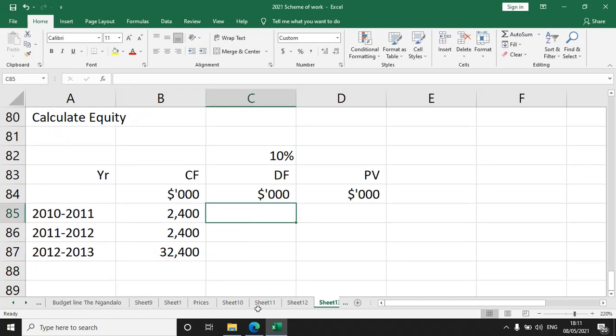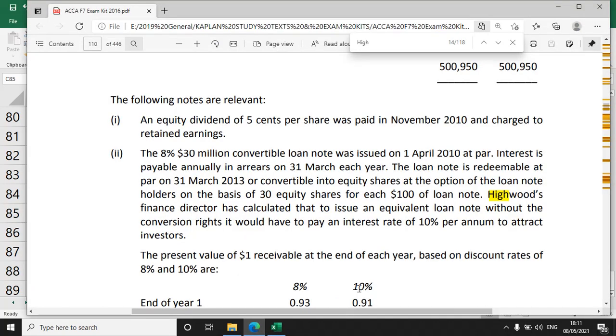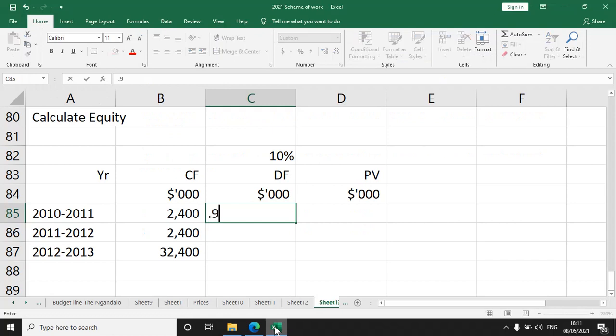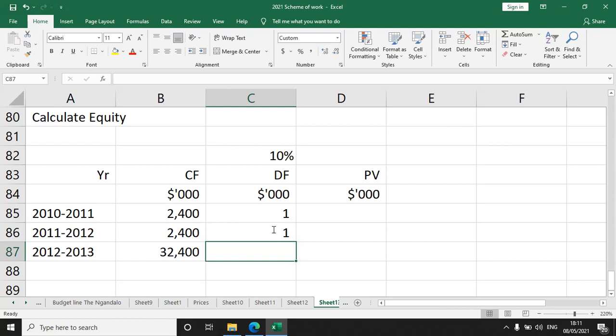Then we have been given the discount factors for the highest percentage: 0.91, 0.83, 0.75.